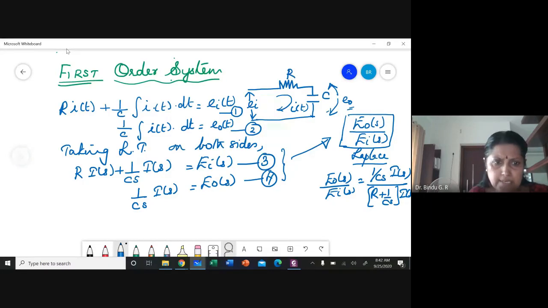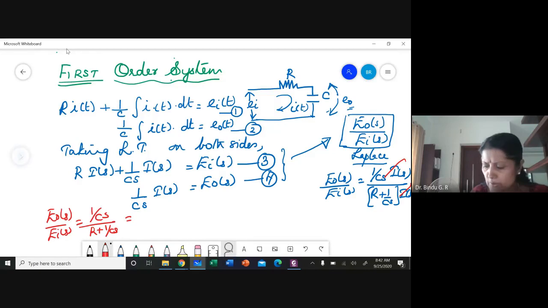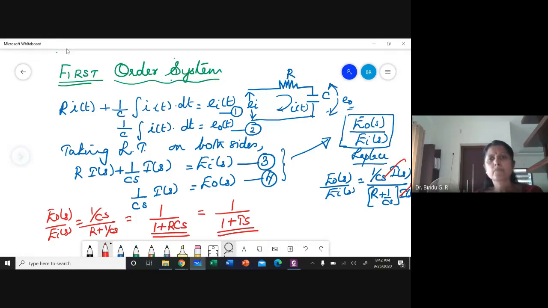Now these two cancel away and I get the transfer function E naught S by EIS as 1 by CS divided by R plus 1 by CS, which I can rearrange and I will get this as 1 by 1 plus RCS. You must be familiar with this, which I can write in general as 1 by 1 plus TS. I hope this is clear.